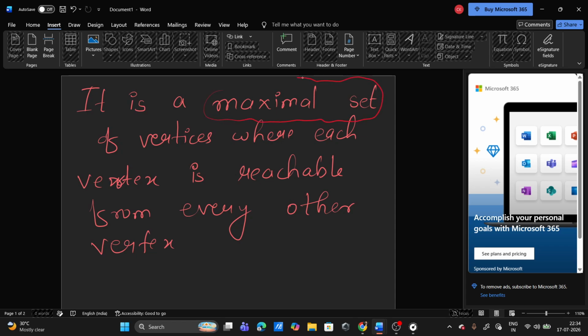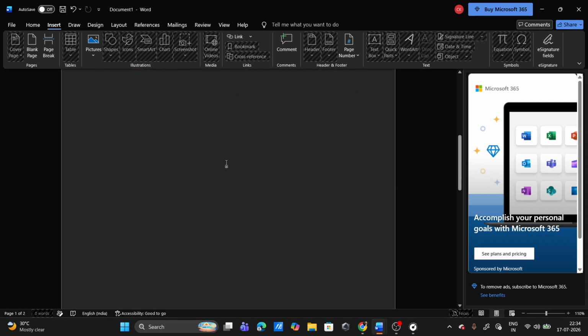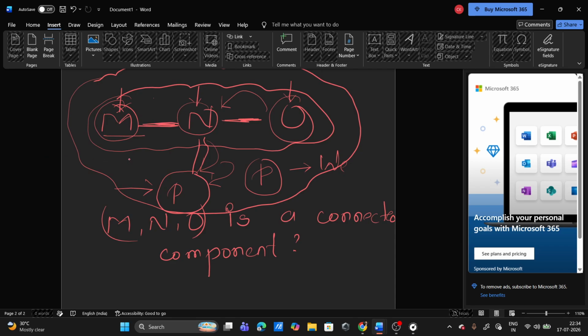Notice this word, maximal set. It means we need to include all the vertices that could come to form a connected component. In the previous example, we were missing out on P. P had to be part of this set, because we could also explore P from any vertex of this component.